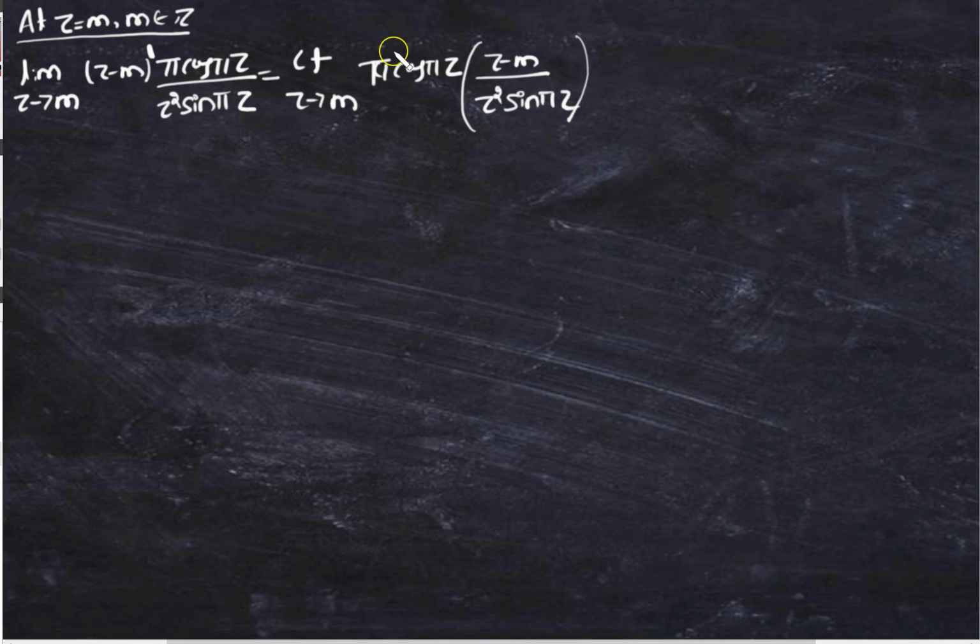Now this is non-zero, and put z equal to m, it will become 0 by 0 form, so by L'Hospital rule, differentiate numerator and denominator separately.